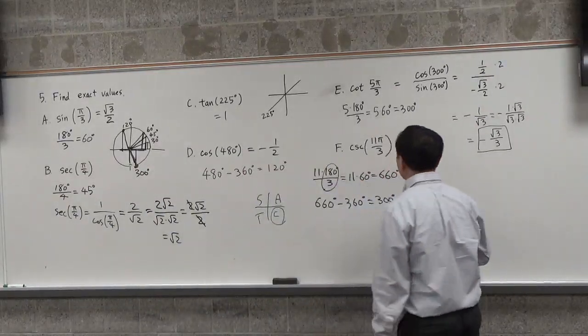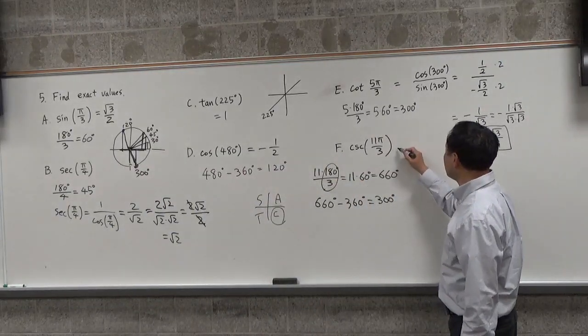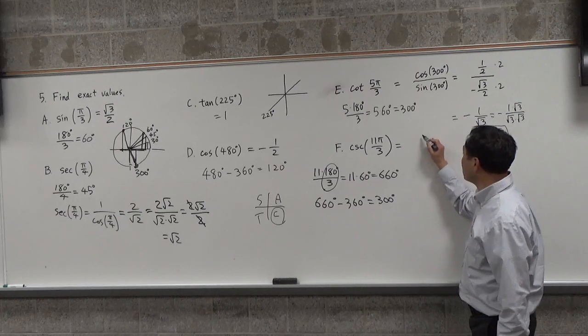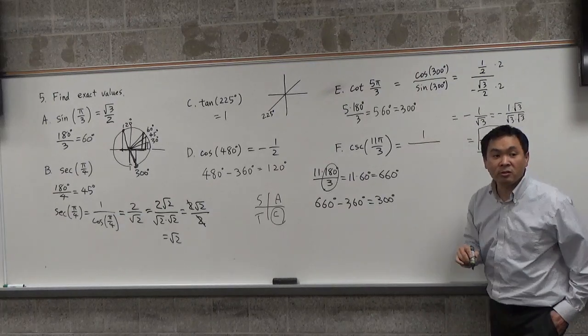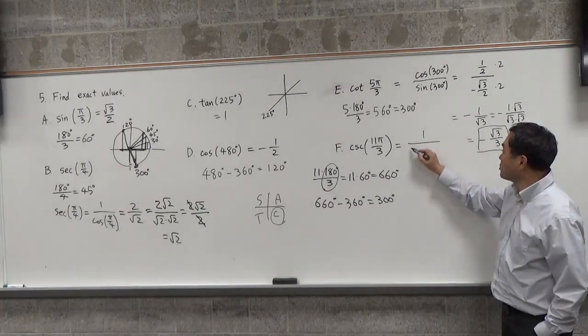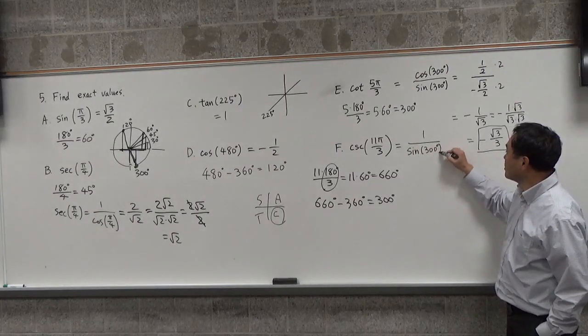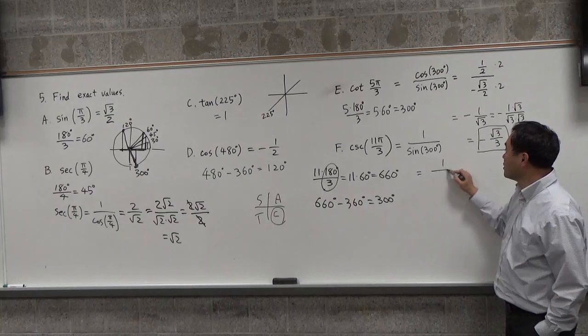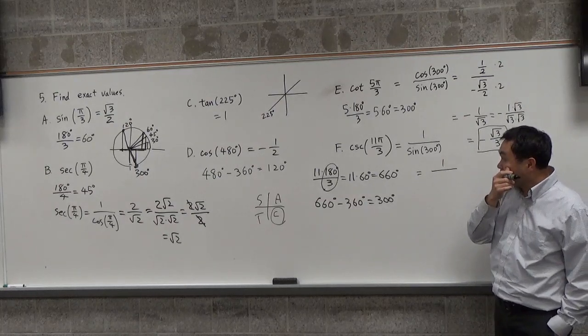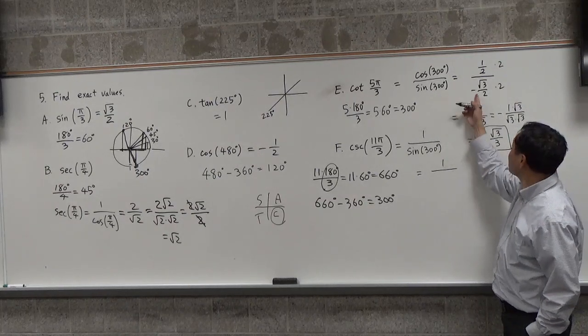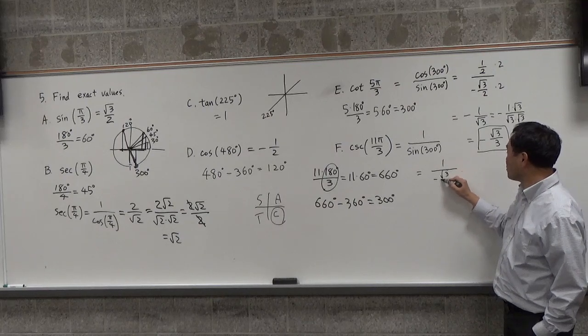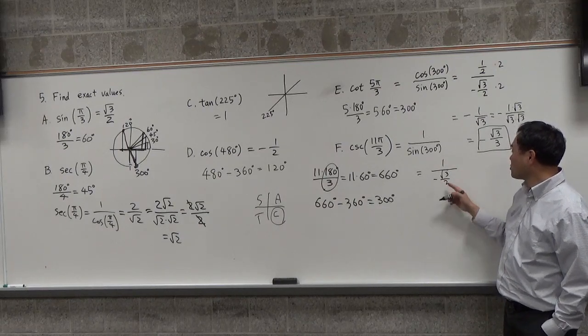Now, you have to say that this is therefore equal to 1 over sine, since cosecant is 1 over sine. So you put 1 over sine of 300 degrees. And sine of 300 degrees, well, we have it here. It's negative square root of 3 over 2. But don't read it like this.